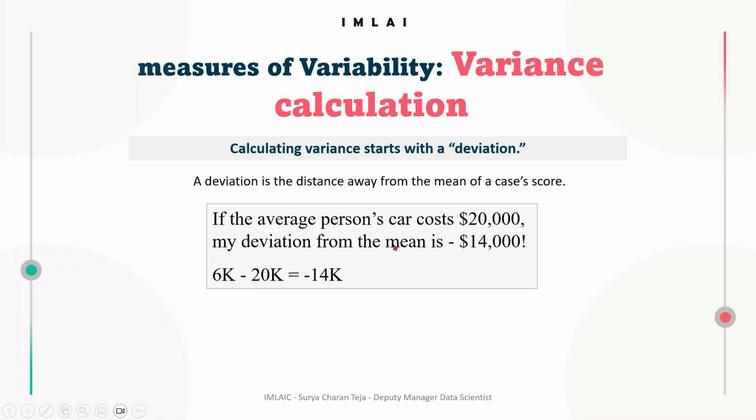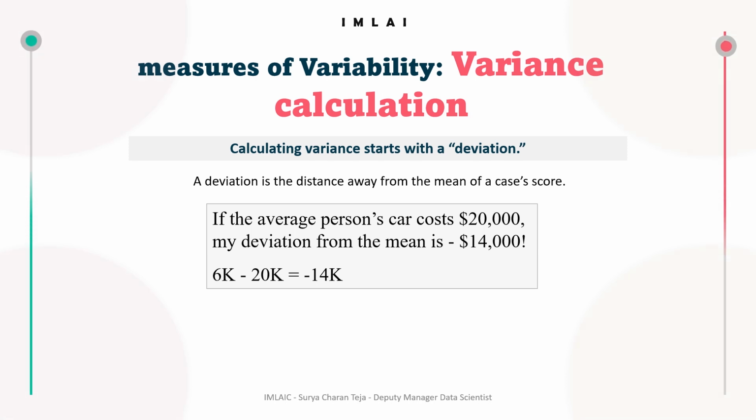Now I have a car which costs around $14,000. In that case, if I want to calculate my deviation from the mean of the population, it would be 20,000 minus 14,000, so that would be 6K.